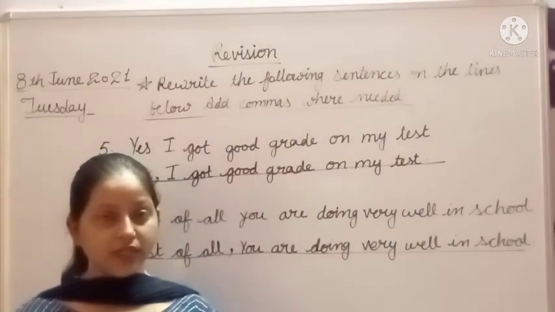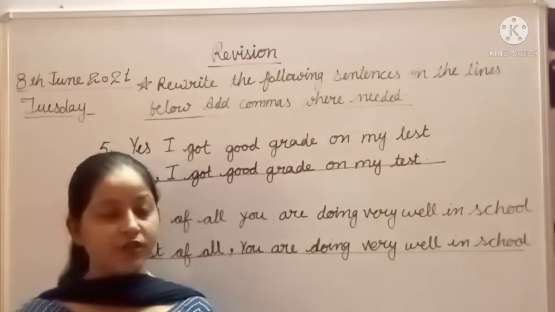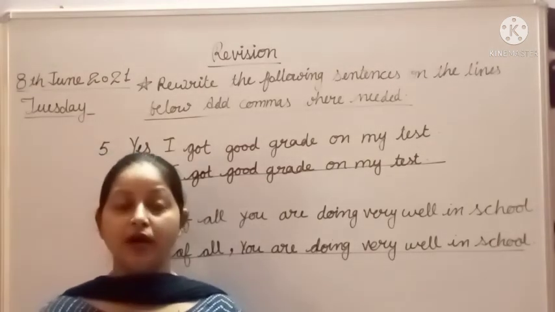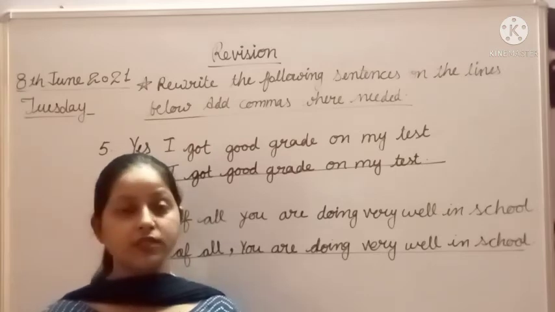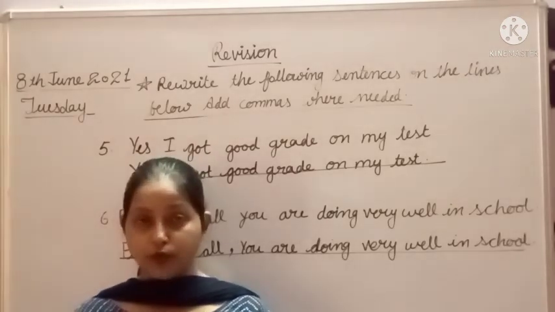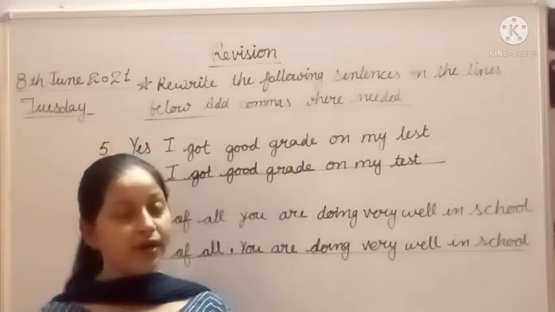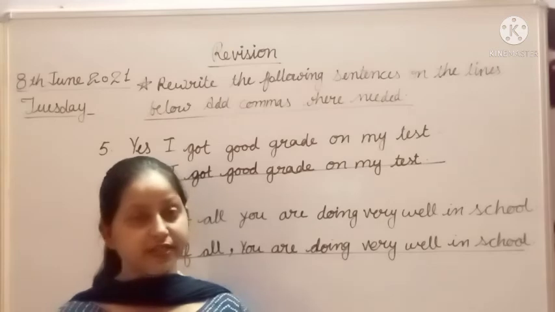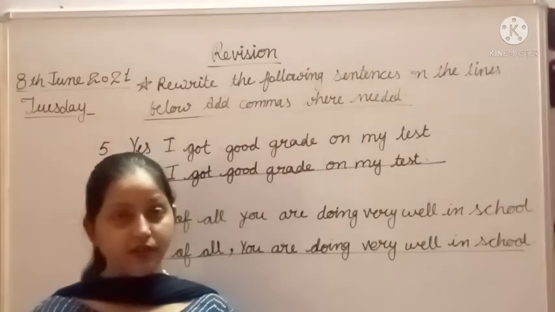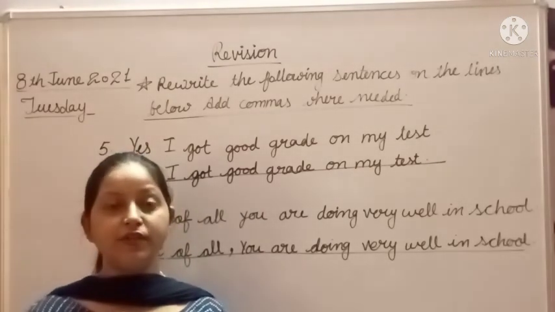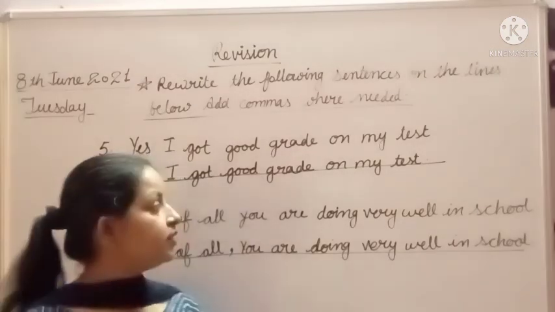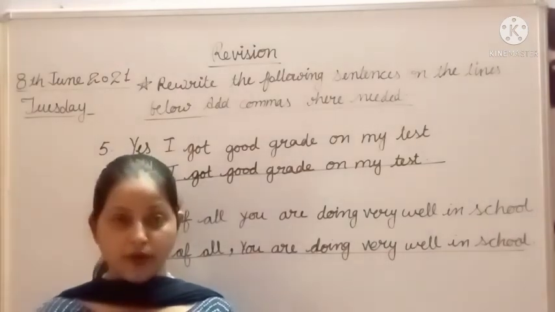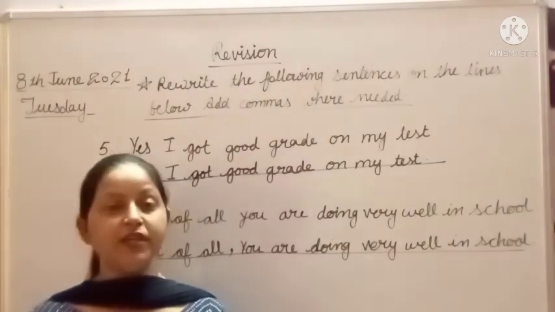I have taught you about this in my first grammar video, and I have told you the uses of commas: that we use a comma as a separator, and we use a comma as a short pause. When we read sentences, we take a short pause where we see a comma in between the sentence.